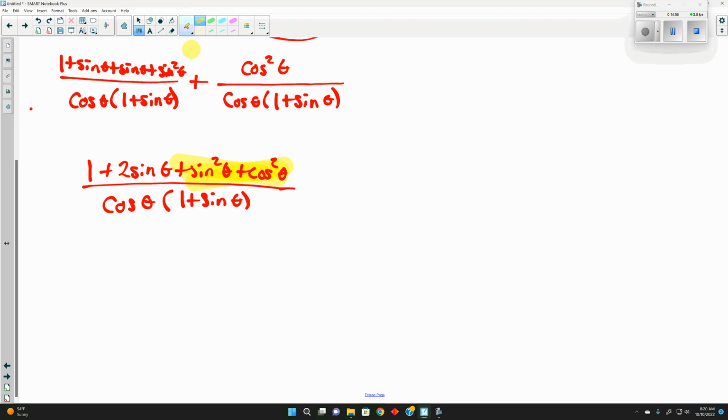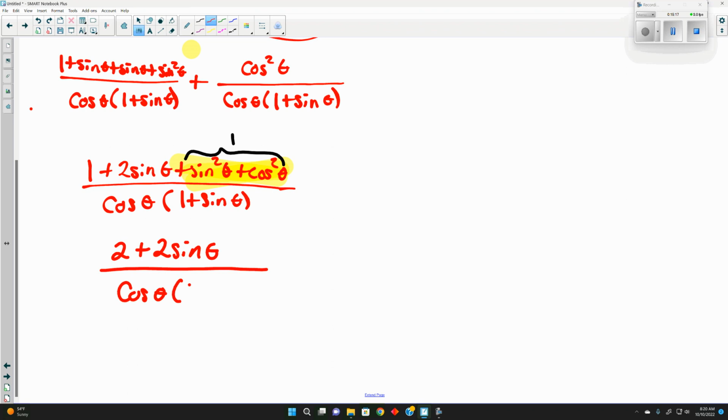So all this right here is 1, because sine squared plus cosine squared is 1. Which will tell me that we have 1 plus 1, which is 2, plus 2 sine theta over cosine of theta times 1 plus sine of theta.